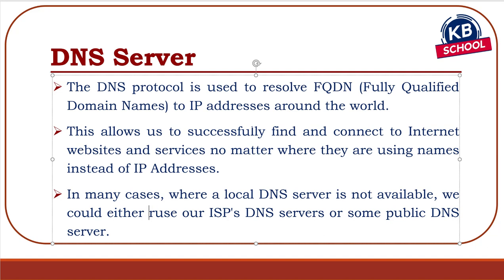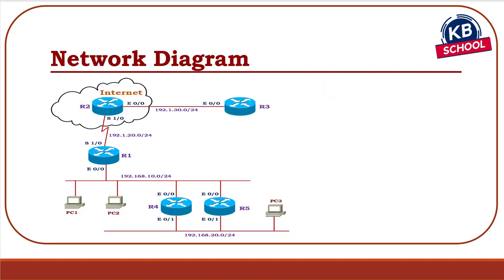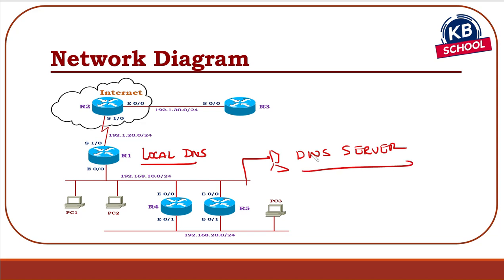Now, you have two types of DNS servers that we can have. I can have a local DNS server, which is locally connected, and normally speaking, this is not on a router. This would be a Microsoft or a Linux server that is running the DNS server software on it. But over here, in case you don't have a server to spare, you can use a router on a small network to act as the DNS server, but it's not going to hold all the host names of the internet.